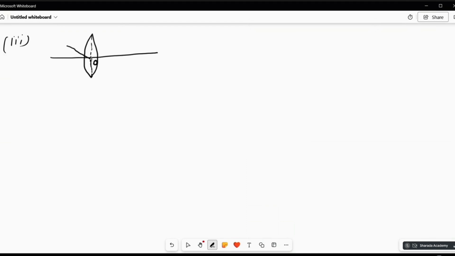Any ray passing through the optic center goes without deviation. Same here. See, some people write this as F1, but better to write the capital letter only. In the textbook it is like that. Some people write all as the same F. Some people write it as F1 and F2.